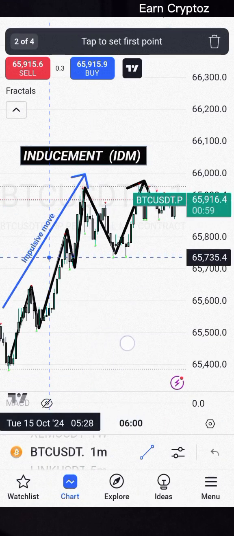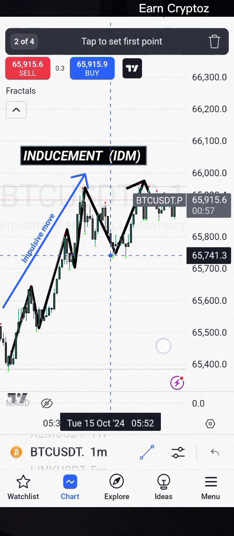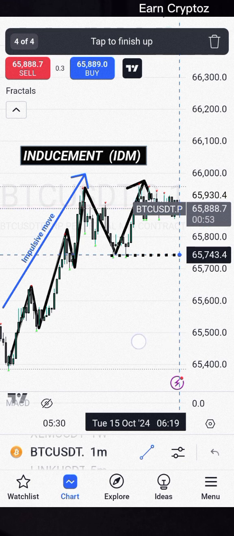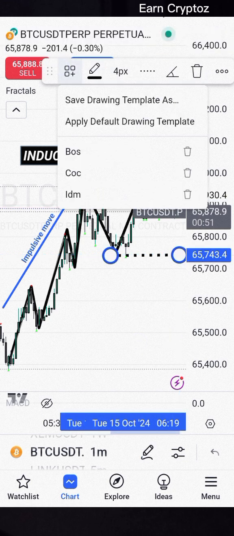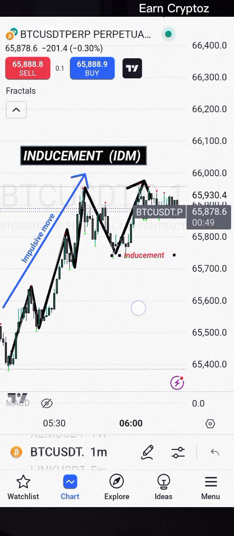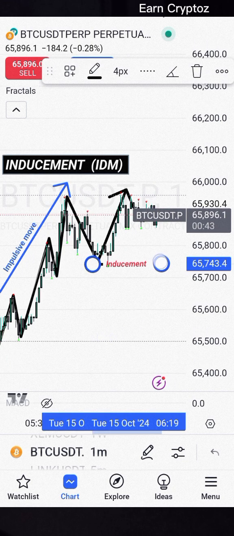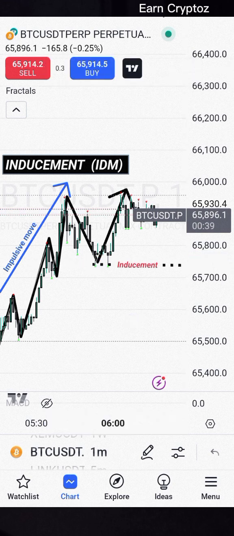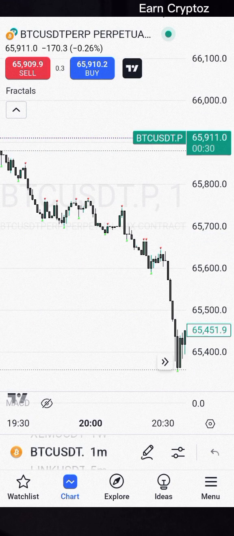Okay, so the last valid pullback, there is our inducement. So it is one of the things we look for before we know where to enter the market. Okay, that will increase our chance of success so that we can take consistent profits. Okay, so this is our inducement in an uptrend.